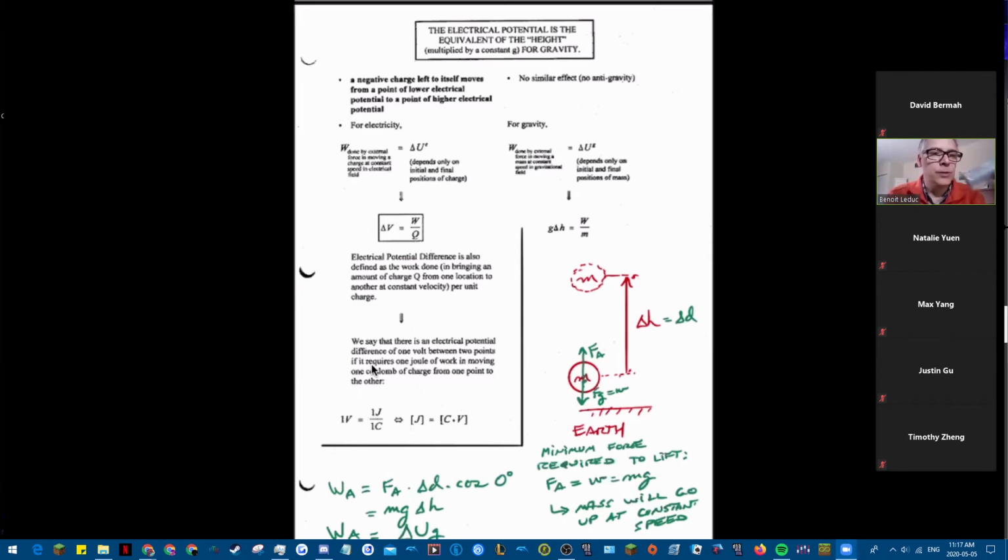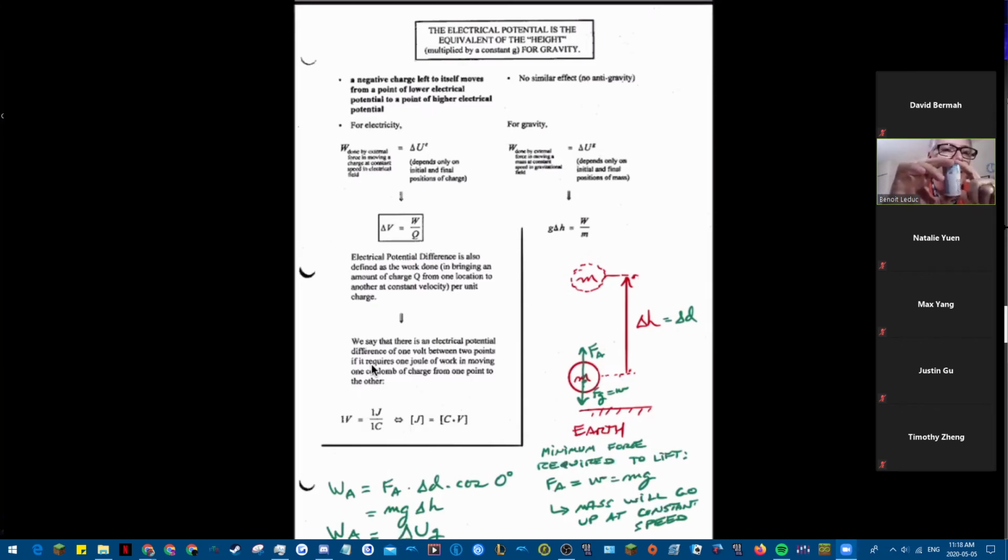So for instance, this one here, remember? This is 1.5 volts, right? This is positive, this is negative. What the electrical potential difference tells you is that to move 1 coulomb of charge from here to here, it would require 1.5 joule of work.